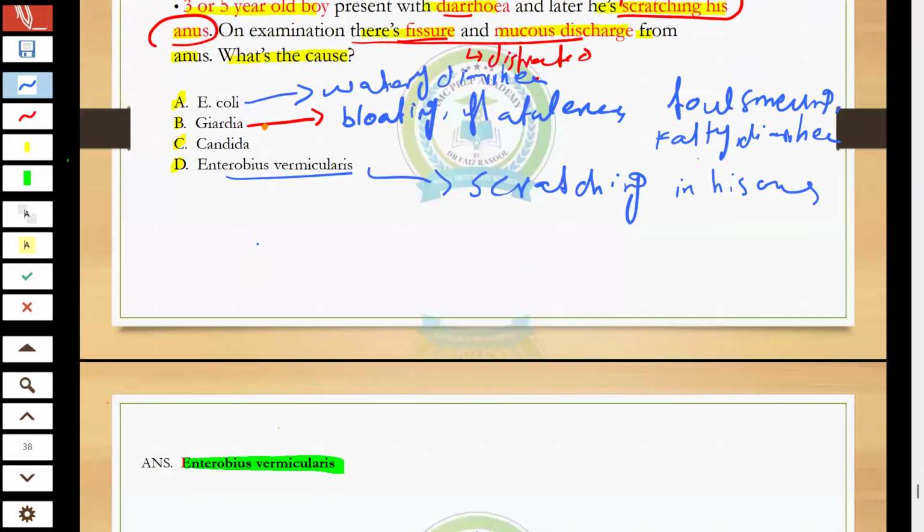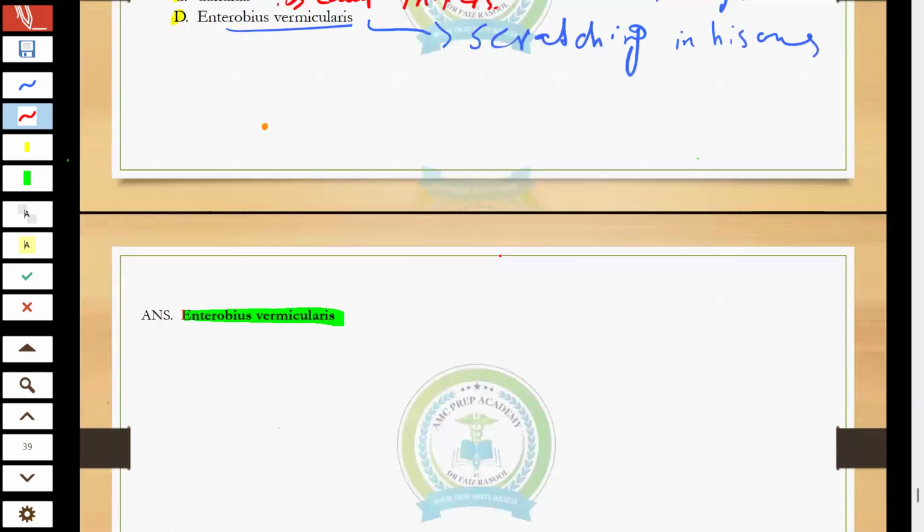And in giardiasis, you will find that the patient has a history of camping, campers, hikers. Camping history you will find, and presentation like bloating, flatulence, and foul smelling, fatty stool.